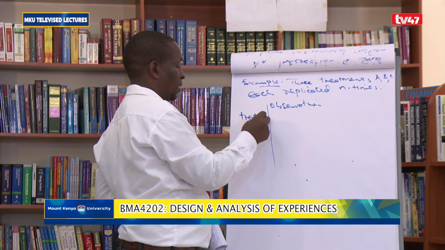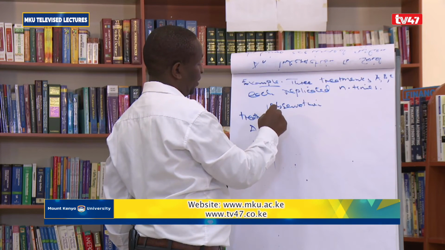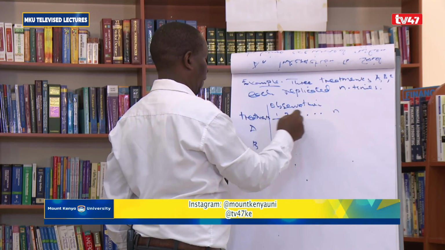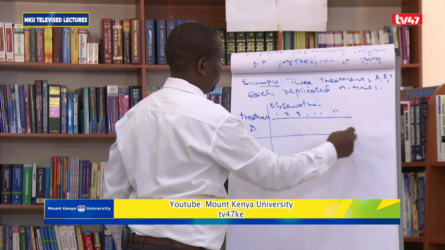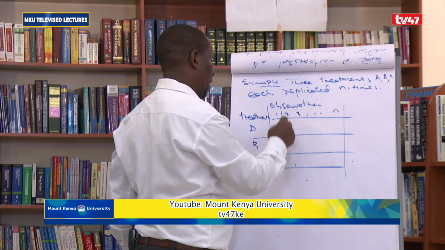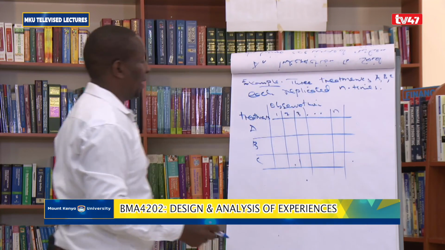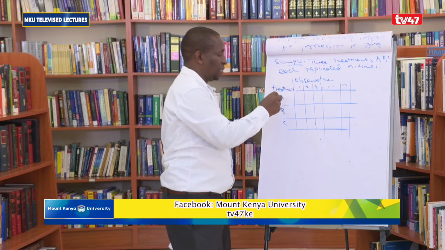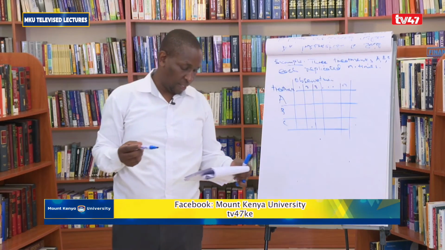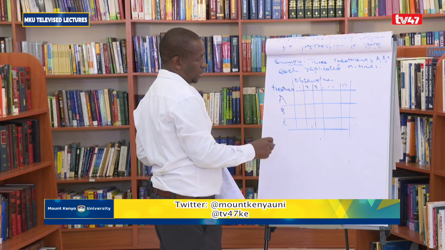Treatments A, B, C, and the observations are here 1, 2, 3, up to n. If we have such an experiment, then this is a balanced experiment. Each treatment is observed n times. That is a balanced experiment. Otherwise, the experiment will be unbalanced.